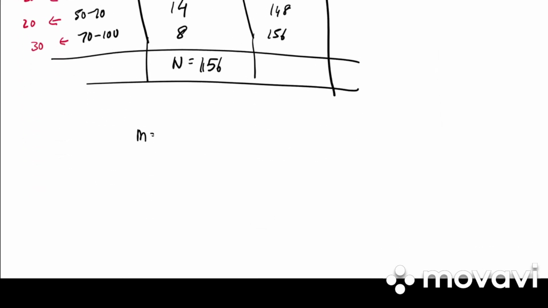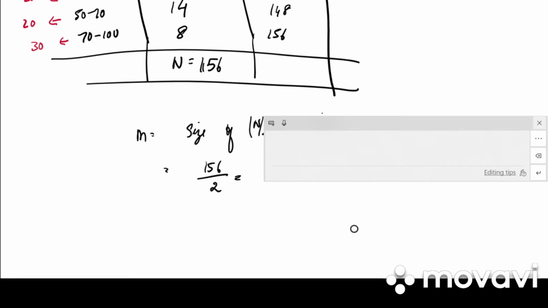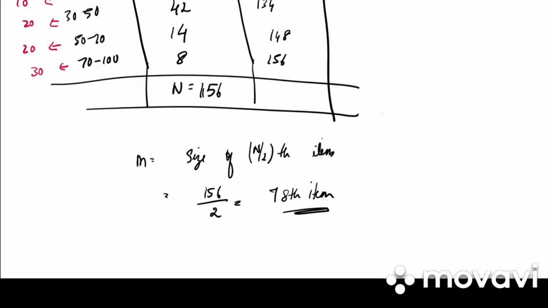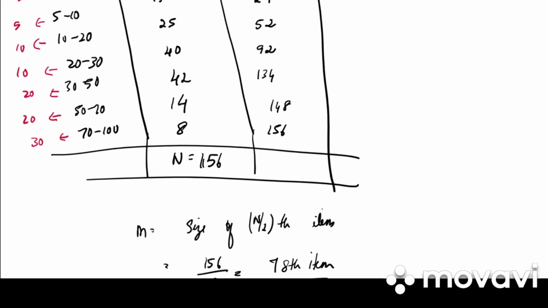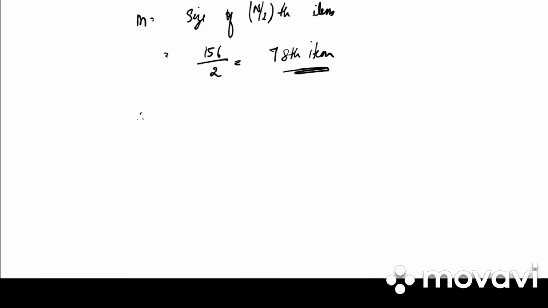So what is M? Size of n by 2 item. So 156 divided by 2, how much is it? It is 78th item. Go to your cumulative frequency. What is the median class? It is 20 to 30.